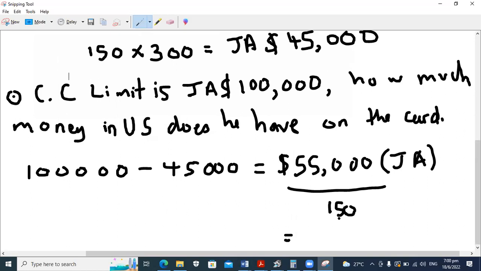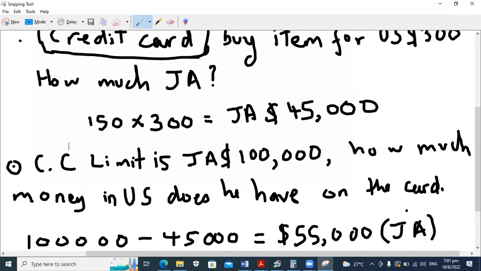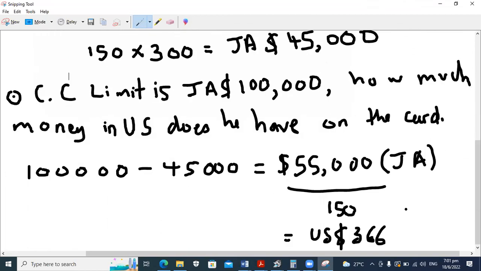And how much is that? $366. Boy, it means you can't spend anything more on it, not true? So this is what you'll have left.